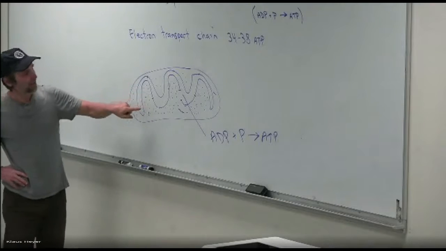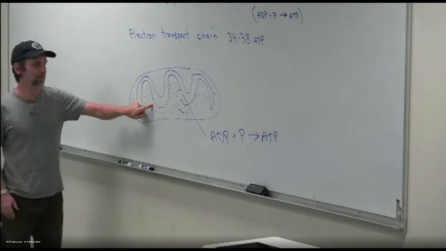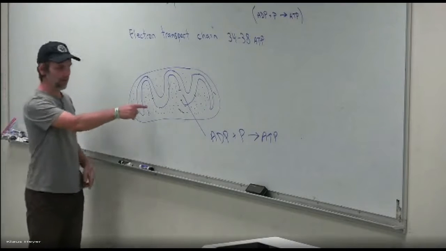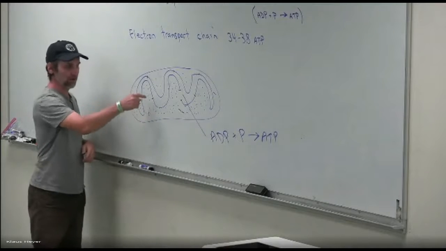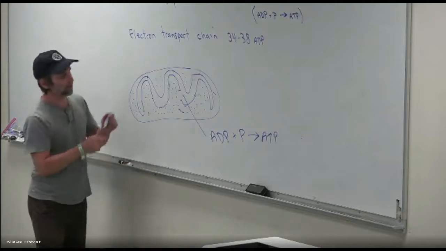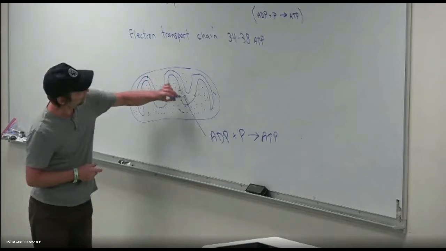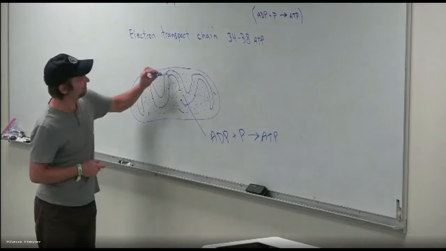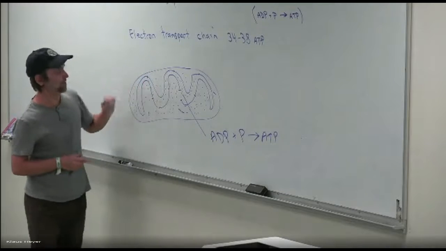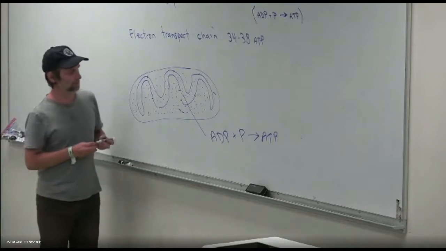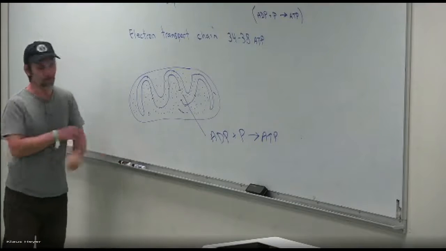We have active and passive. Active is what you're seeing here. All the dots get put into one side. Then when they start flowing back through here, that's passive. Coming back in now. That's passive transport.